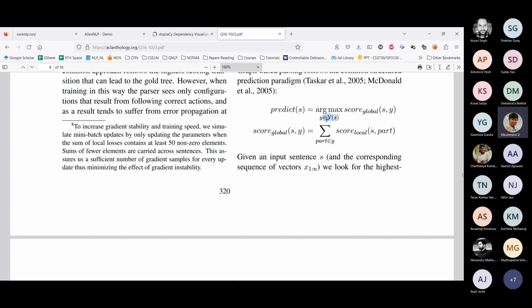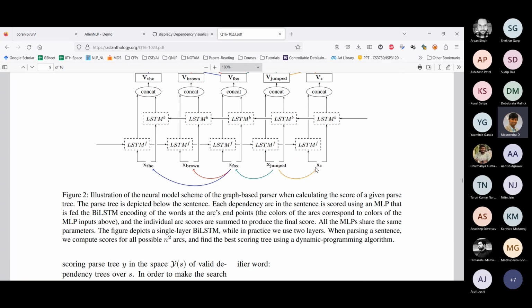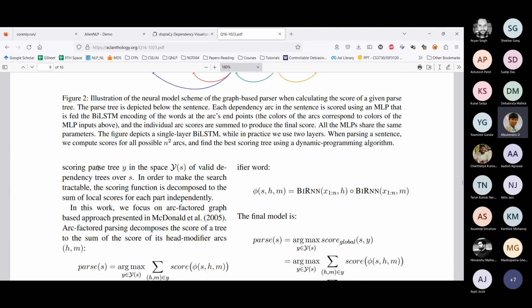Y is coming from the set of possible parses. For each of those possible parses, the final score is the summation or aggregation of the scores for the parts. Given an input sentence S and the corresponding sequence of vectors x1 to n, look for the highest scoring parse tree y in the space Y(S) of the valid dependency trees over S. In order to make the search tractable, the scoring function is decomposed to the sum of local scores for each part independently. So an arc-factored graph.